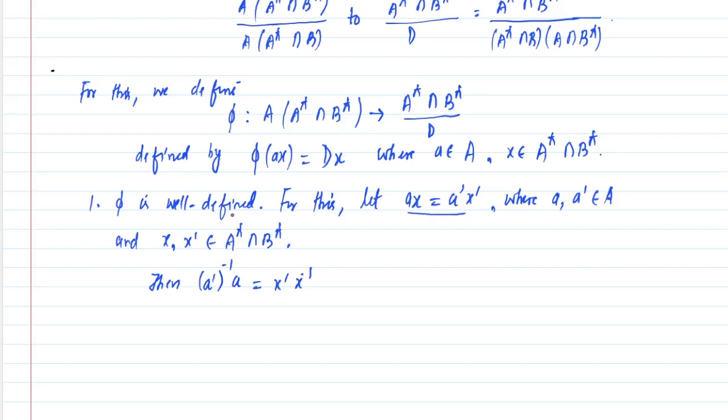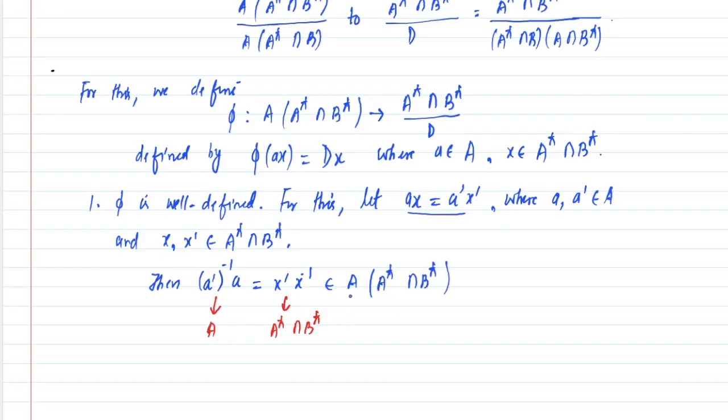Now if we analyze this expression, on the left-hand side we have a and a dash, they are elements of A. So this left-hand side belongs to A, and on the right-hand side x dash and x are both elements of A star intersection B star, so this expression belongs to A star intersection B star. Now if we merge them together, we must have this element belongs to A into A star intersection B star.